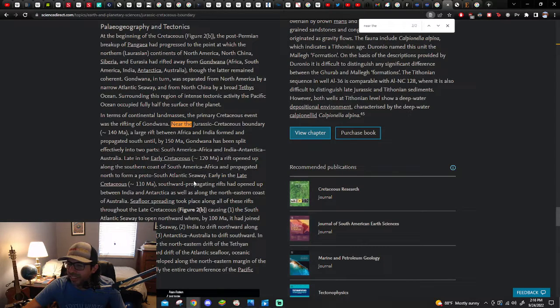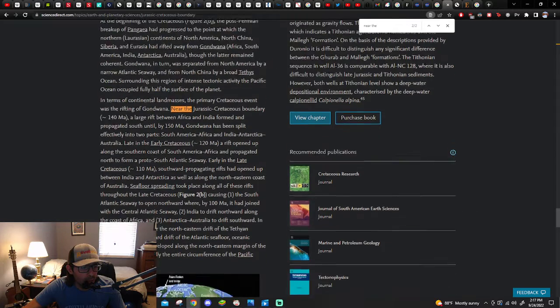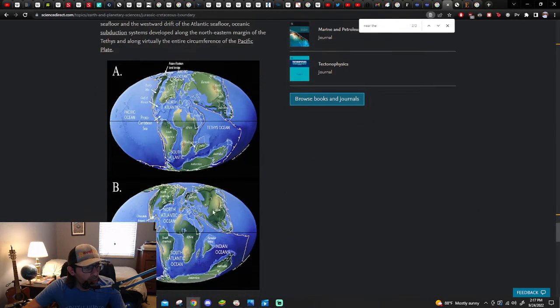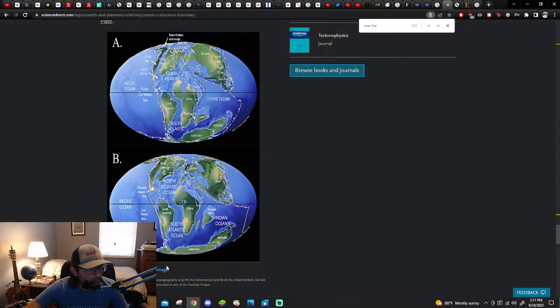understand. Southward propagating rifts had opened between India and Antarctica, as well as along seafloor spreading took place along all of these rifts throughout the late Cretaceous. Okay. 66.